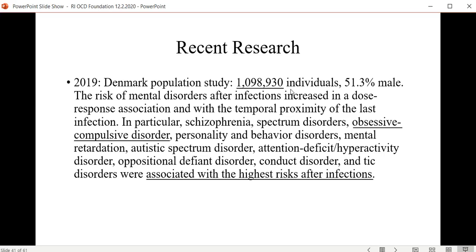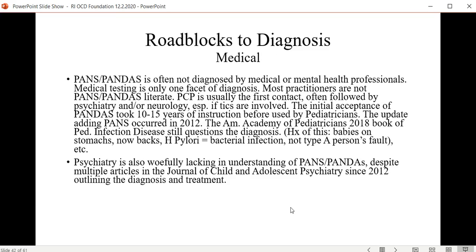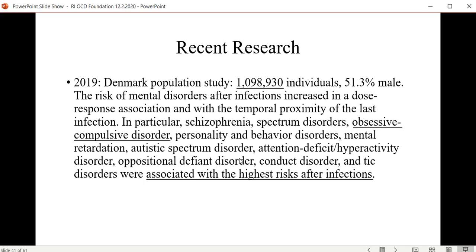Of 1 million people in Denmark, because they keep records on every prescription, every illness, everything of their population, after an infection, in particular, schizophrenia spectrum disorders, OCD, personality and behavior disorders, et cetera, are associated with the highest risk.